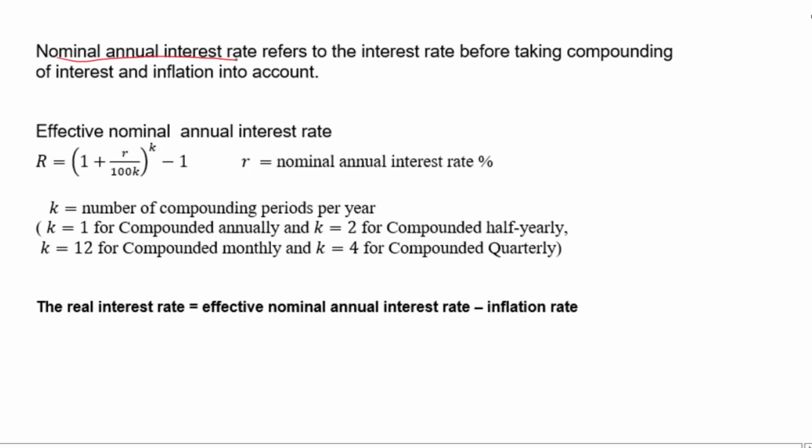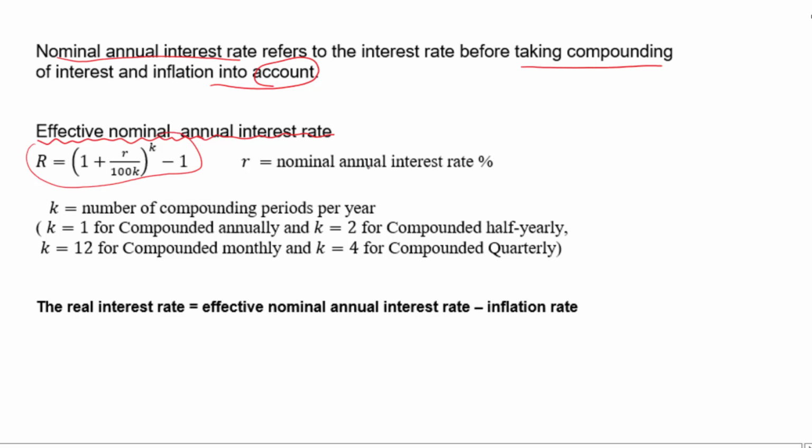Nominal annual interest rate refers to the interest rate before taking compounding of interest and inflation into account. If you take compounding of interest into account, you will have the effective annual interest rate. The relationship between the nominal annual interest rate and the effective rate is this formula.